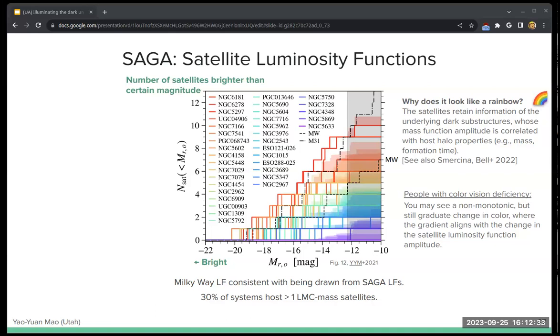The scatter between the galaxy luminosity and halo sizes is not completely stochastic, because otherwise it would erase this thing that you are seeing, right? So it's saying that the halo mass function that we are seeing in simulations is to some extent preserved when you look at the satellite luminosity functions. The scatter is not enough to completely erase this color gradient in this plot.